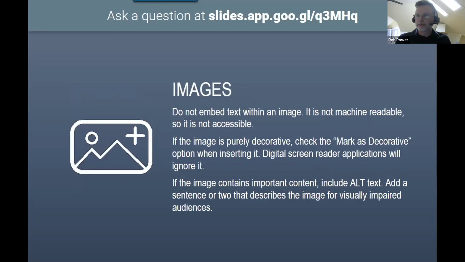So another thing that we frequently put into our documents is images. Well, we want to make sure that if we're putting images in, again, that screen reader applications, digital screen readers, can actually properly interpret those images for our students who have visual issues. We want to make sure that we're not putting a lot of text in that is inside of an image, because that's not machine readable.